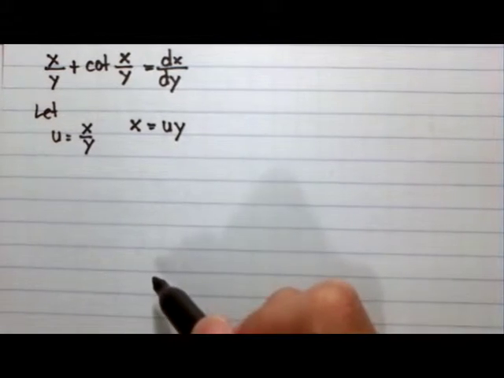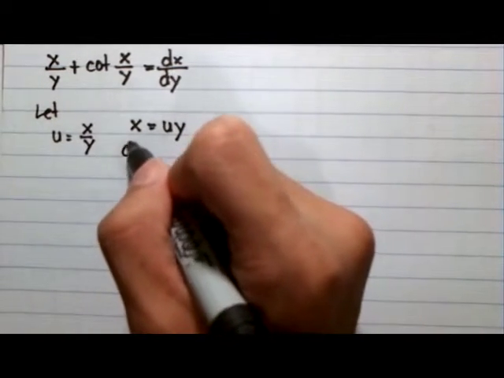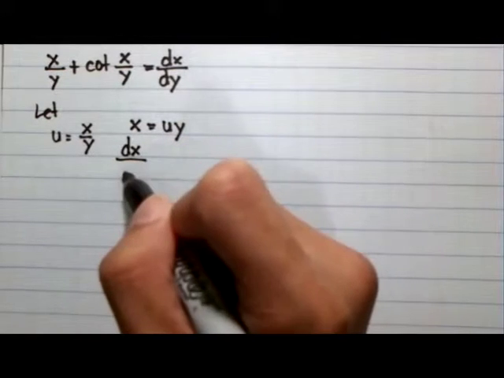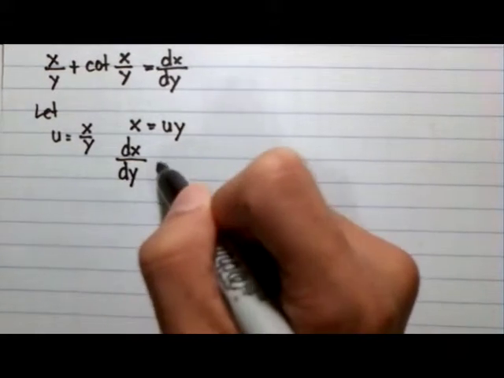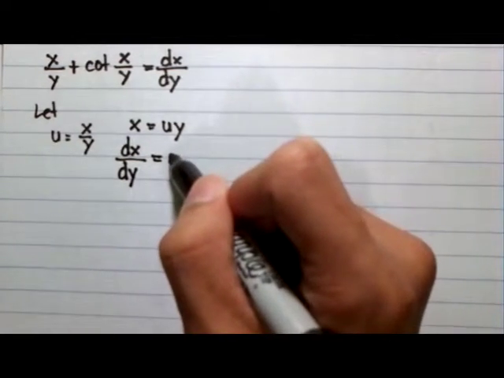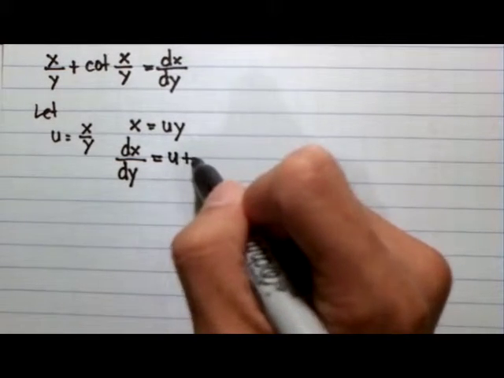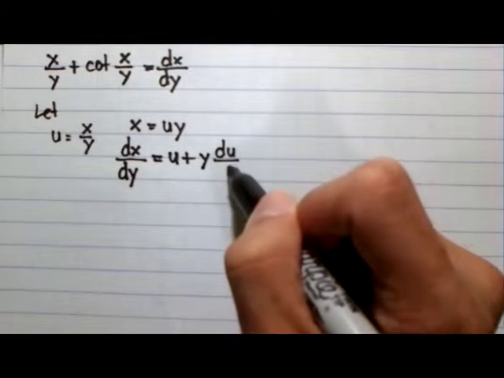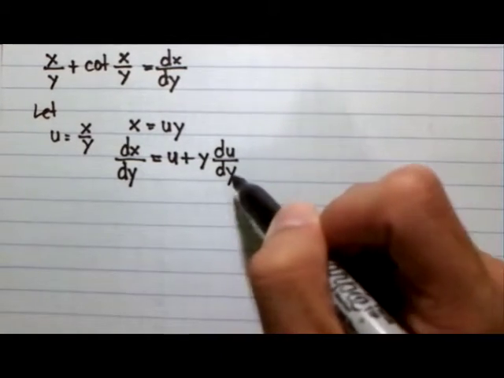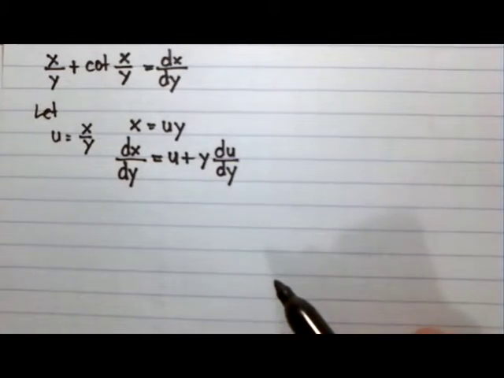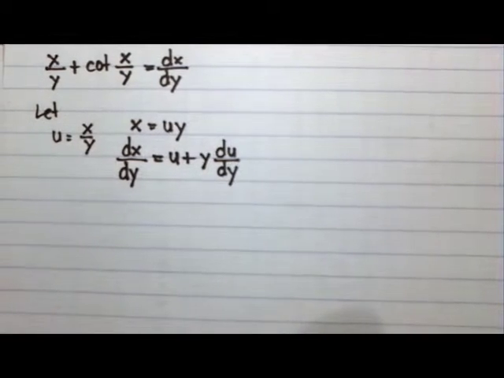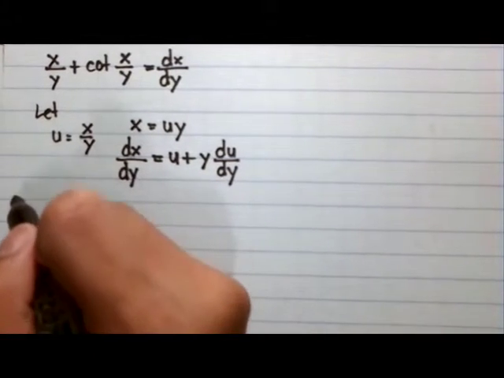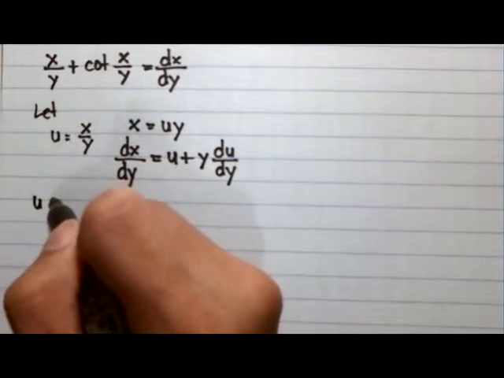And we take the derivative with respect to y on both sides. So dx over dy equals u plus y du over dy. I got the right hand side by implicit differentiation's chain rule. And substitute the values into our equation.